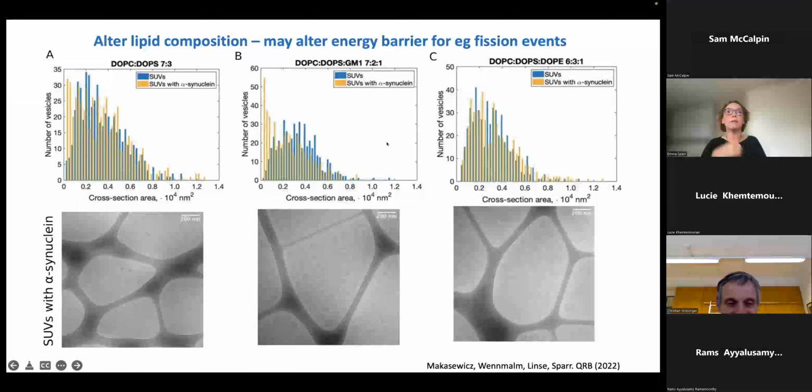The middle figure is when we have ganglioside, which is a lipid that by itself forms micelles and has a huge head group, so it's a cone-shaped lipid. And then in the right figure, a very popular model system that contains PE, which has a small head group, so it promotes reverse structures.